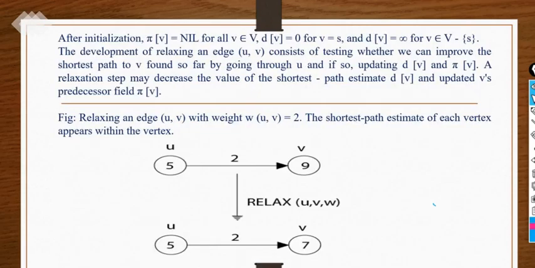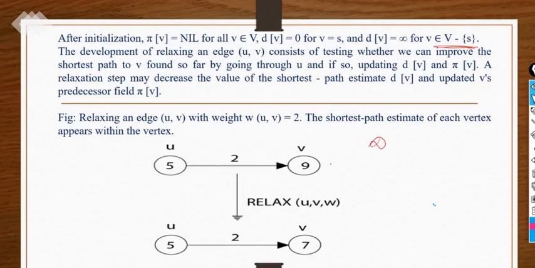Now in the further step after initialization, we will traverse from one vertex to another vertex from the source node and add the edge weight, in order to see whether we can improve it or not.